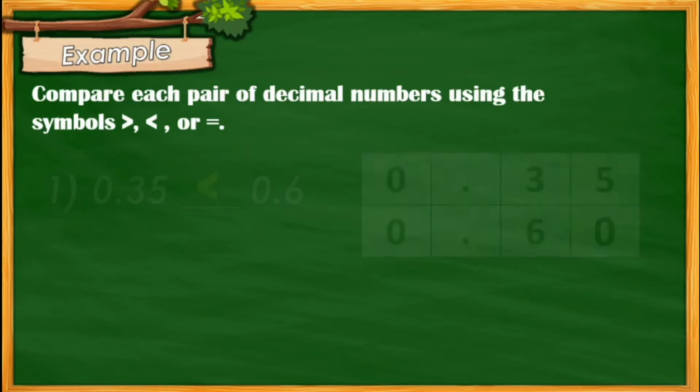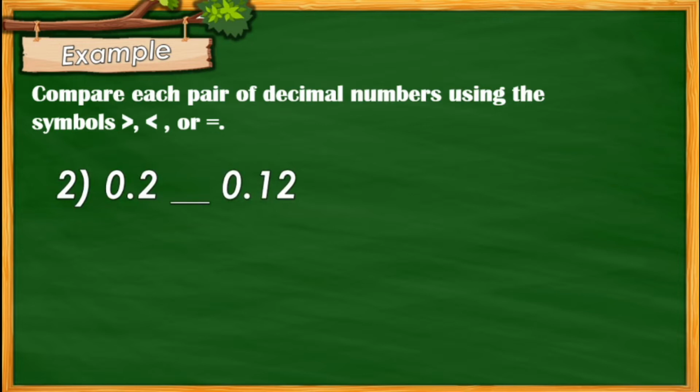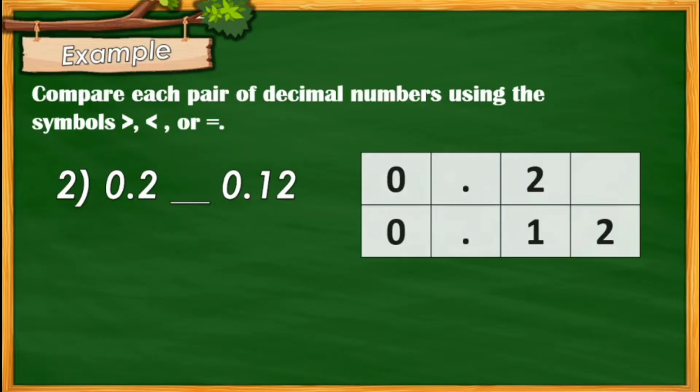Next, let's proceed to example number 2 to further understand how to compare each pair of decimal numbers. So 2 tenths compared to 12 hundredths. Which is greater now? So again, let's use the table. 2 tenths compared to 12 hundredths.